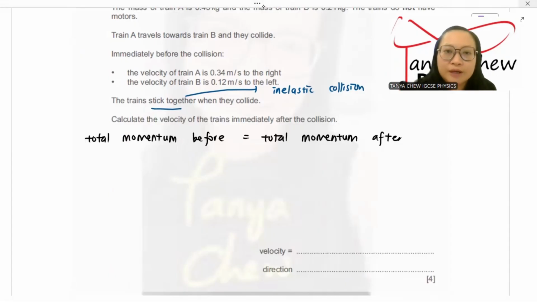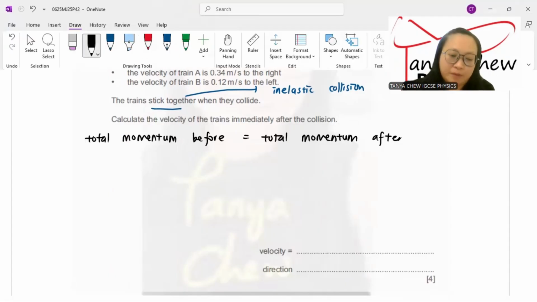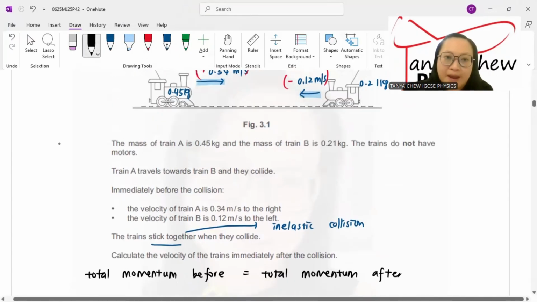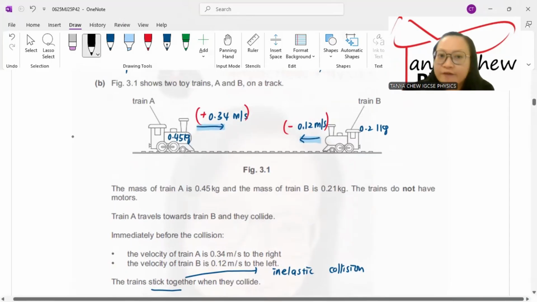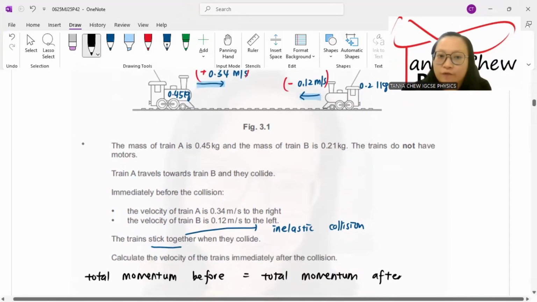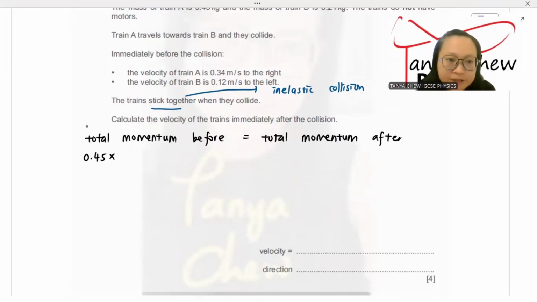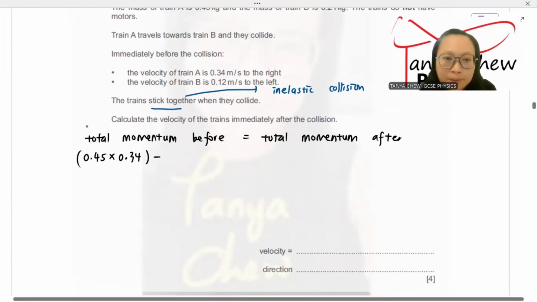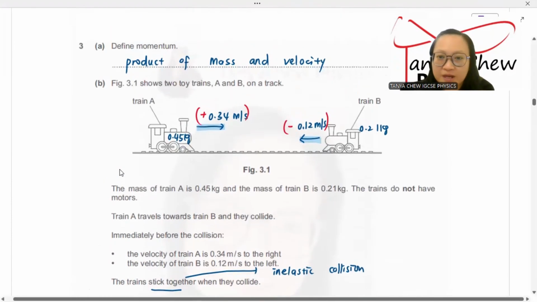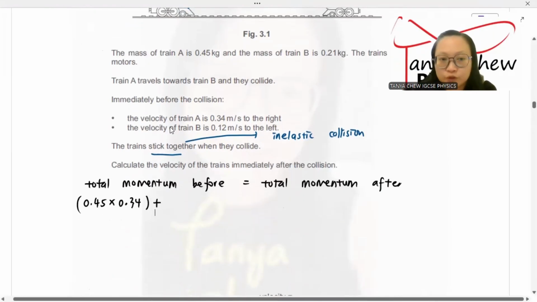Right. Now, since I already determined the direction of my train, so momentum: mass of A, 0.45 multiplies by initial velocity of A, 0.34, plus mass of B, 0.21, multiplies by initial velocity of B, which is negative 0.12.